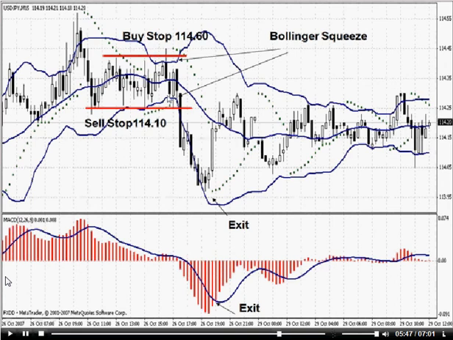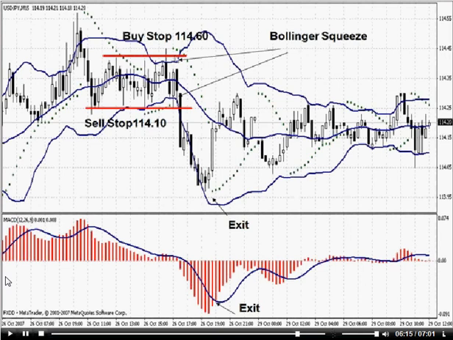Now, I have also included in this chart the Bollinger Bands, and you notice the Bollinger Bands are way apart over here. But suddenly, the distance starts to narrow down and they get closer to one another, the upper band and the lower band. When they get close to one another, it's called a Bollinger Squeeze.